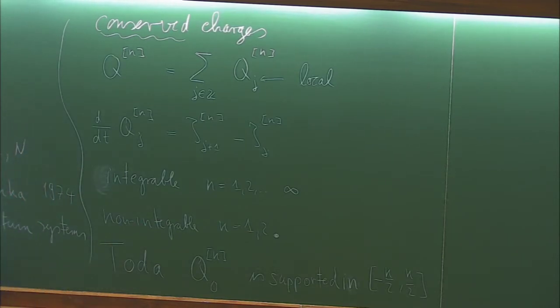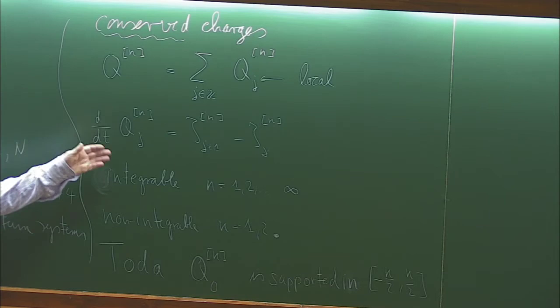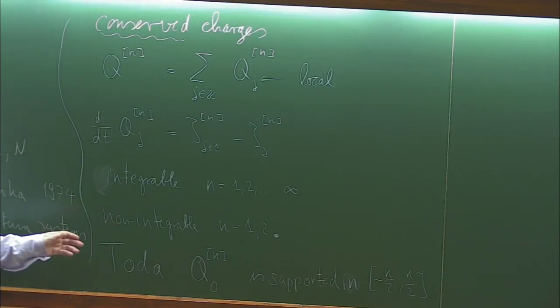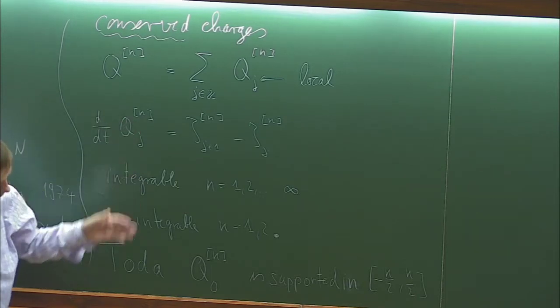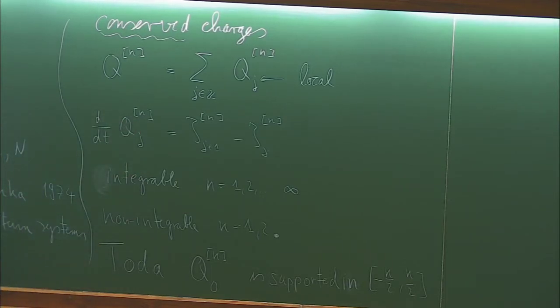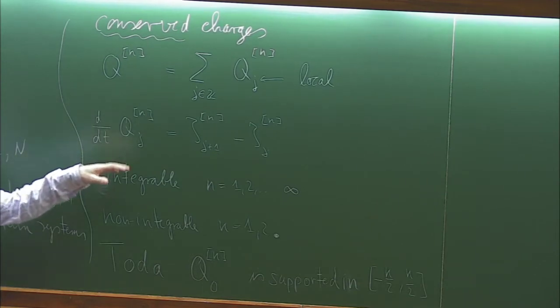Now, there's one very deep question behind. This definition makes perfect sense also quantum mechanically, and you can convince yourself that it's a very strong restriction. It's not so easy to find these conserved quantities.